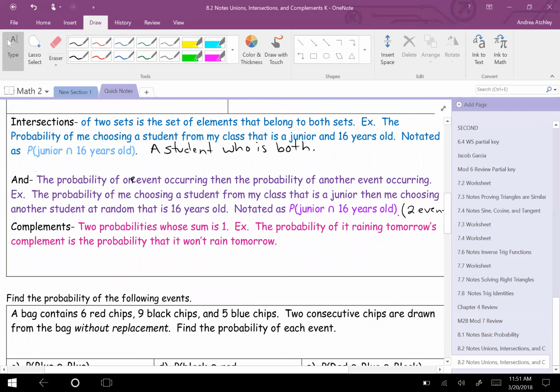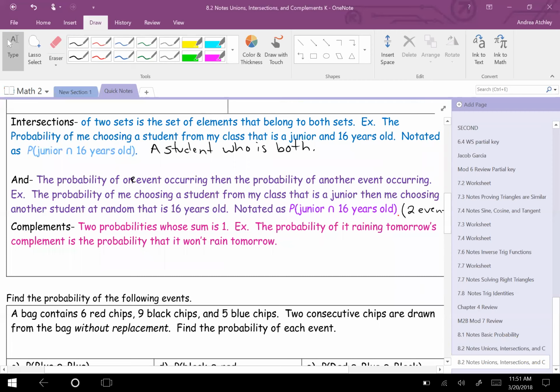The complement of raining tomorrow is not raining tomorrow, because there's exactly two events, and those are the only options, right? Either it's going to rain or it's not going to rain. There's not another option in there. Any questions over that? We're good?